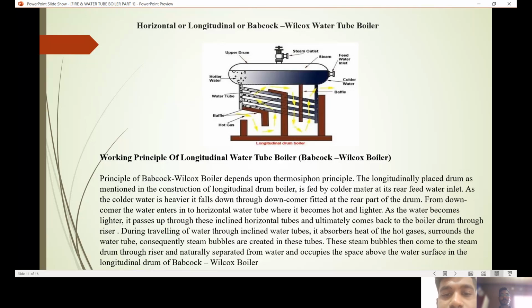During the travel of water through inclined water tubes, it absorbs heat from the hot gases surrounding the water tube. Consequently, steam bubbles are created in these tubes. These steam bubbles then come to the steam drum through the riser and are naturally separated from water and occupy the space above the water surface in the longitudinal drum of the Babcock.